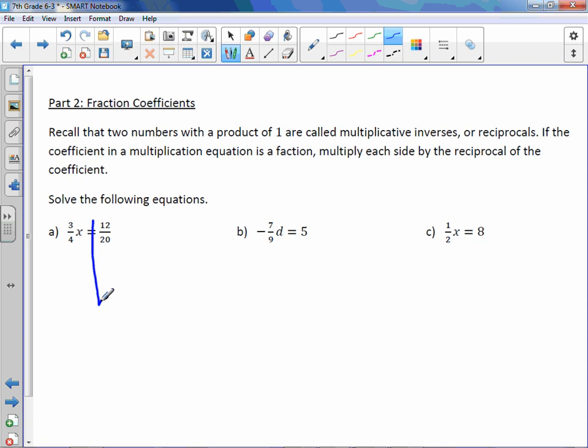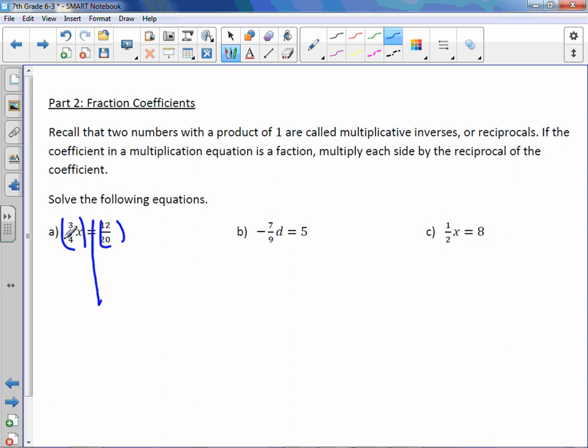If we were to solve this normally, it's 3/4 times x equals 12 over 20. We could divide both sides by 3/4. But remember, when you're dividing a fraction, I will not divide, I will multiply by the reciprocal. So we can skip that whole division step and simply multiply both sides by the reciprocal of the coefficient.